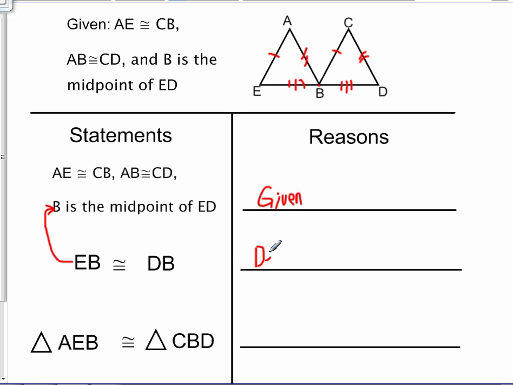And so we can just say it's from the definition of a midpoint. All right, now this particular proof does not have to do with the two postulates that we learned in this particular video, but the one we learned in the last one. And so if you look at our triangles, we can clearly see that these two triangles are congruent by side, side, side.